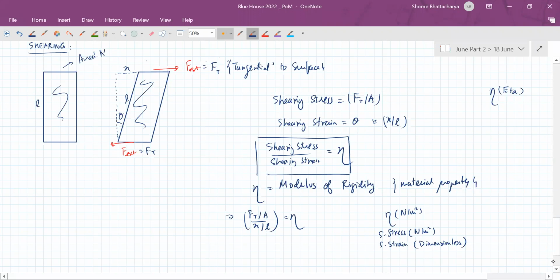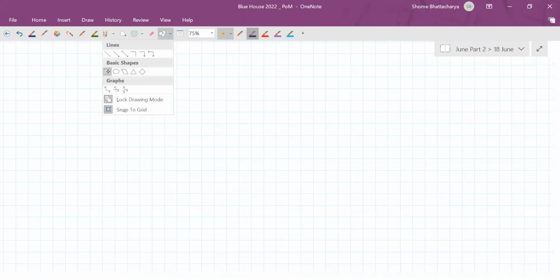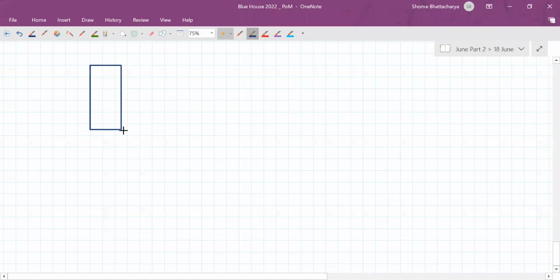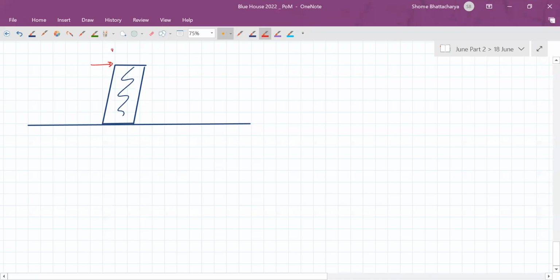All right, so let's look at a numerical example. So we have a situation like this, that a block placed on a rough surface is being pushed by a force, but that external force is applied at the top like this.